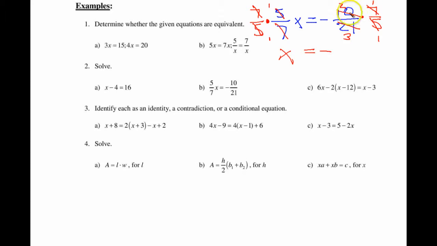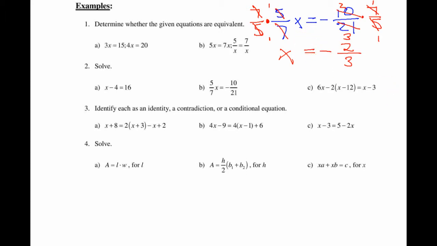So now we just can't cancel anymore. We multiply our numerators and get a 2. Our denominator, we get a 3. x is equal to a negative 3/2. And the steps that we did are called solving an equation.